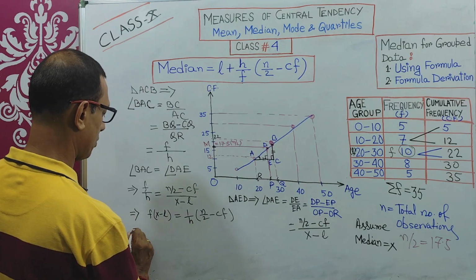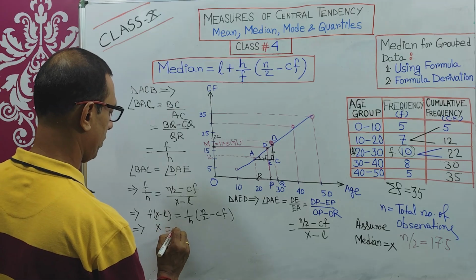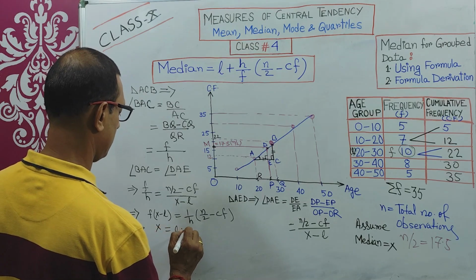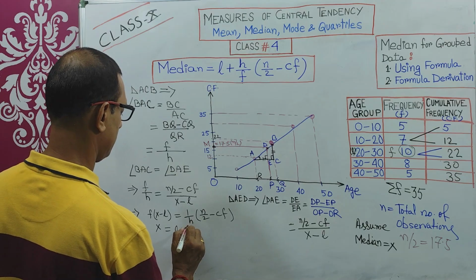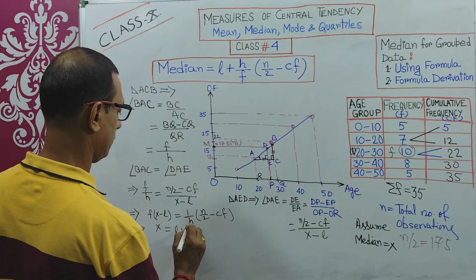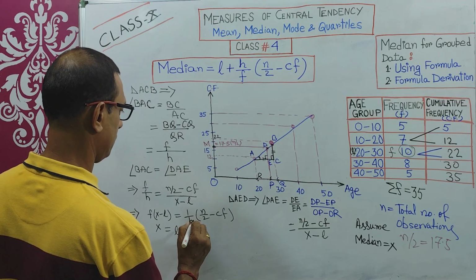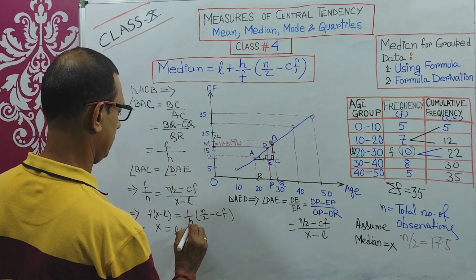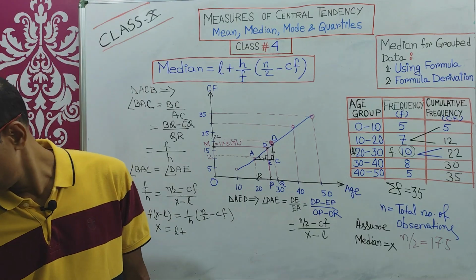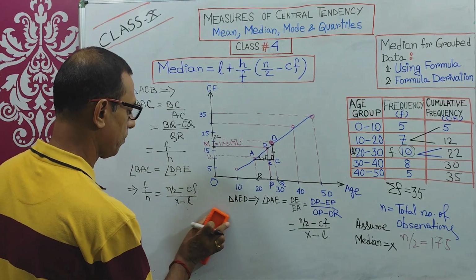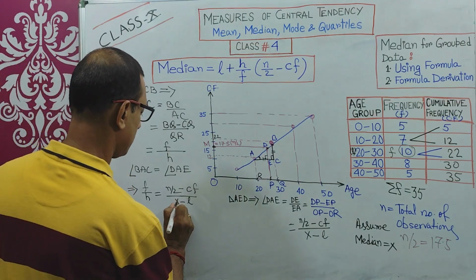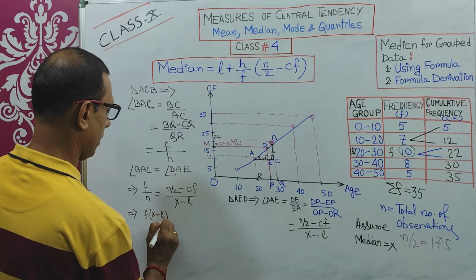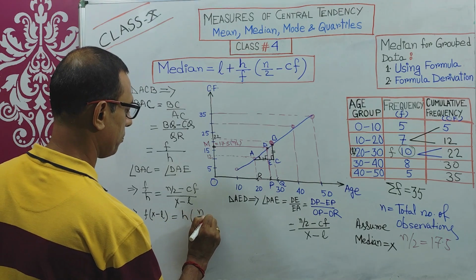That means X equals L plus, so F into X minus L equals H into n by 2 minus CF.